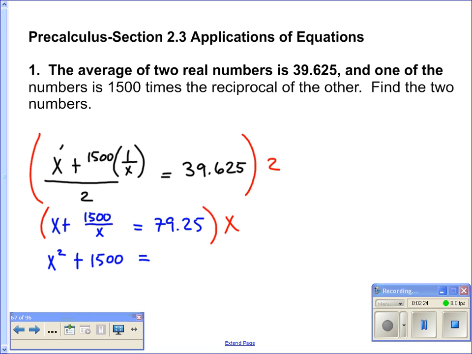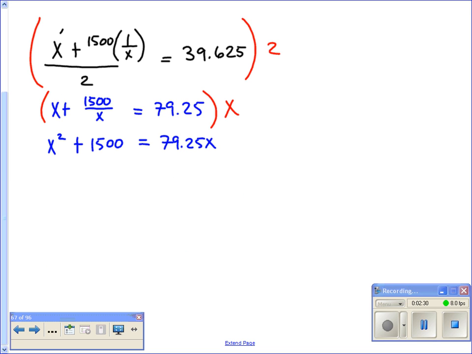Equal to, and then the 79.25 times x. And I get this. All right, as you can tell now, it's looking like a quadratic, and I probably am not going to be able to factor this since I have the 79.25x. So it's looking like a calculator problem at this point, and that should be a minus.